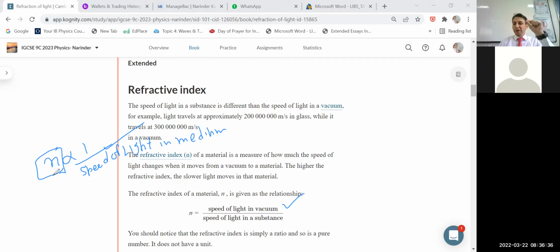If I know the value of the refractive index, I can calculate the speed of light while it passes through glass, through water, through kerosene oil, or maybe through a diamond. There are different optically denser mediums.